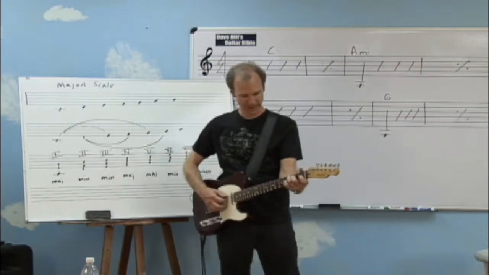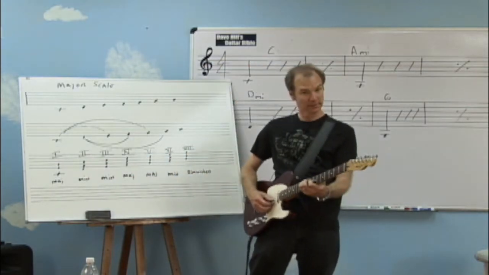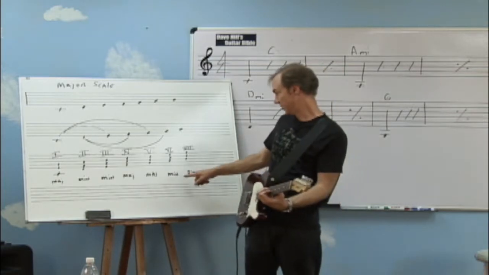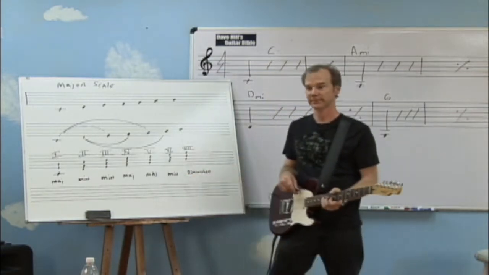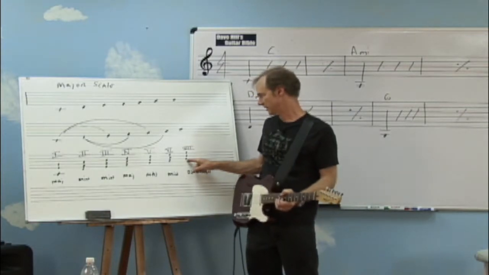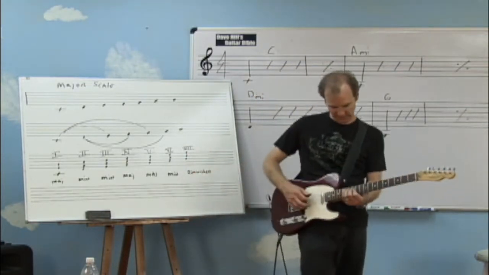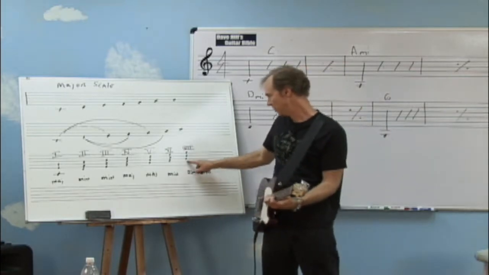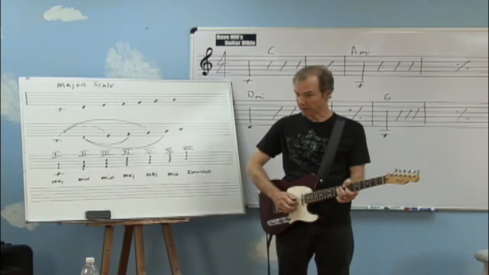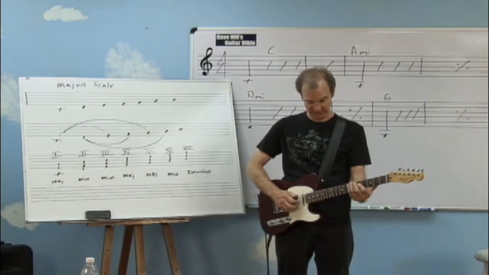The 1, 4, and 5 are all major, and the 2, 3, and 6 are all minor. And then you get a really unique chord here on the last chord that we haven't discussed, the 7th chord. If you go up to the 7th chord and you play these notes that we've got here, you'll see this also has a minor third relationship, just like the other minor chords did.